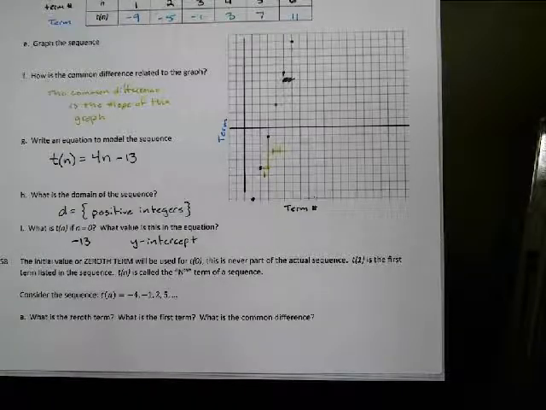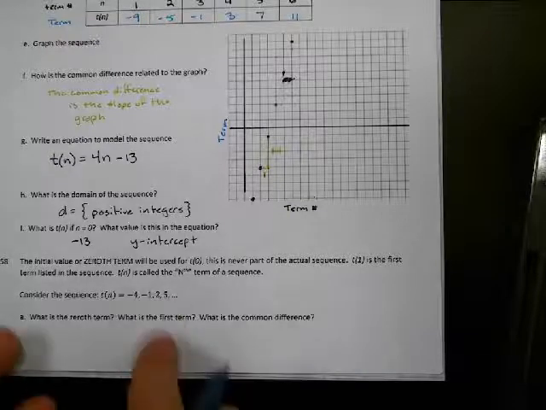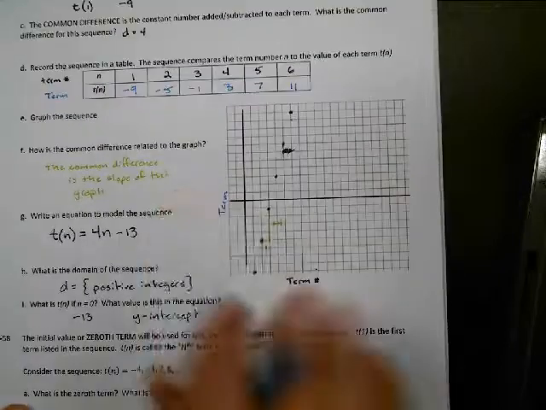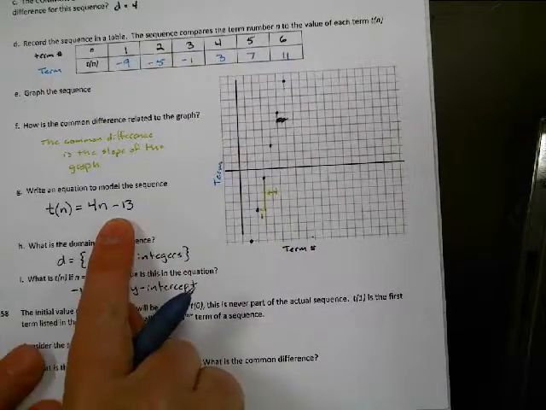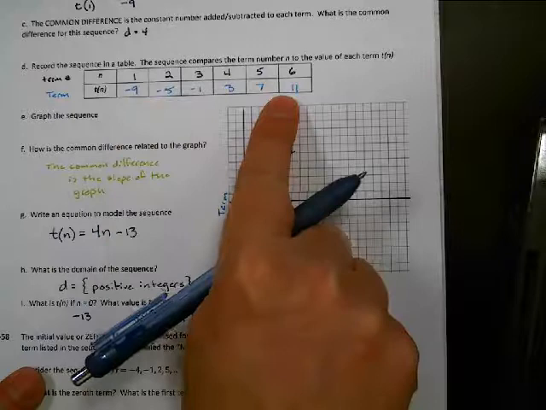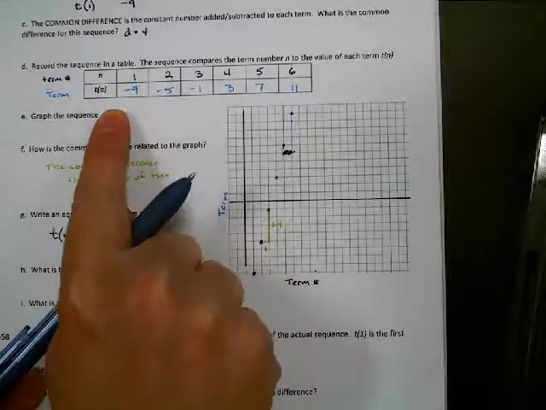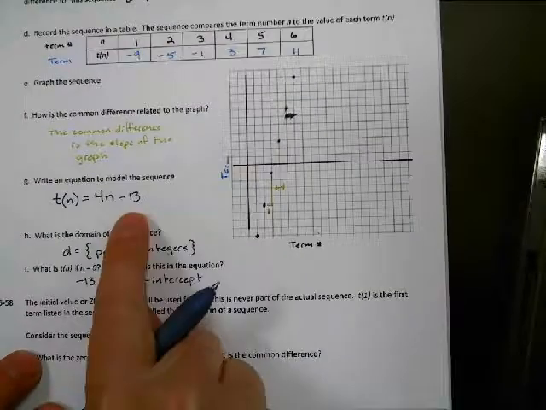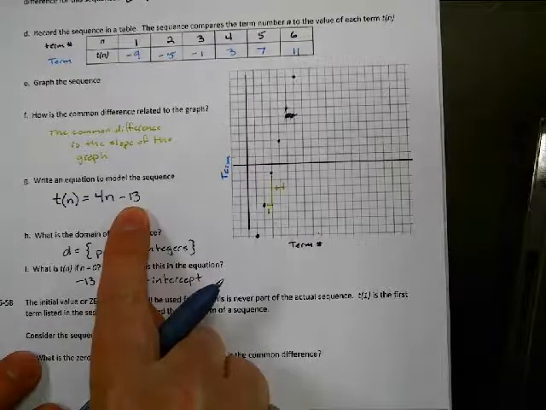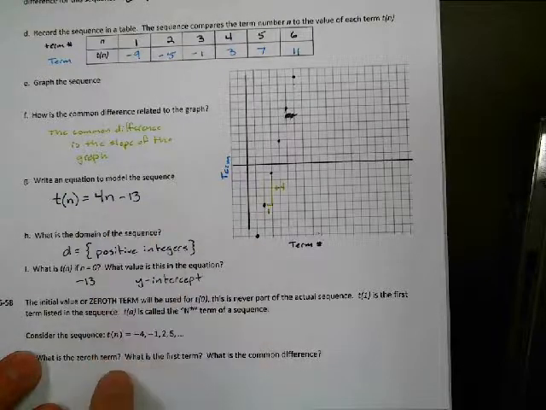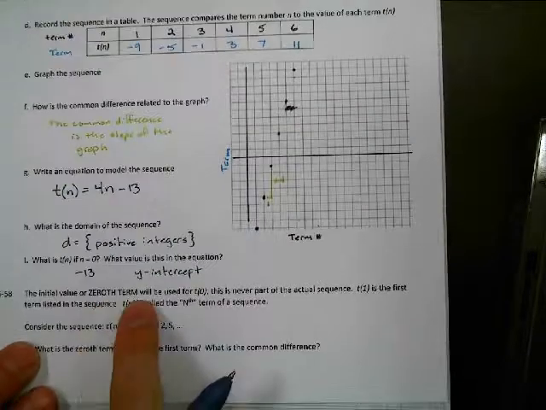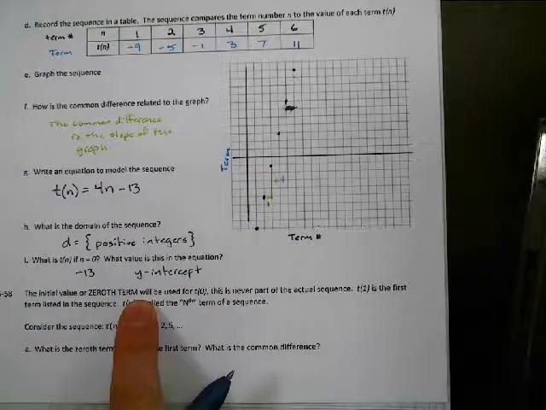It does not exist in the sequence. So in our sequence, up here, I never saw negative 13 in my sequence because the 0 term doesn't exist. But we need the 0 term to write the y-intercept here. So we're going to just start saying that the 0th term is the term that doesn't exist, but it's going to be used for our y-intercept.